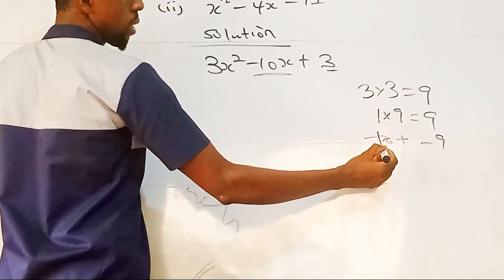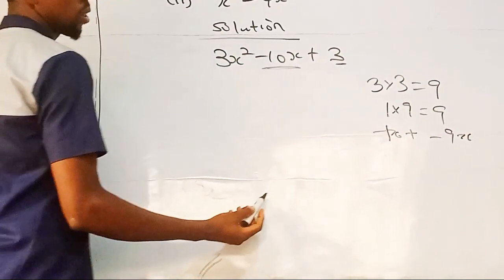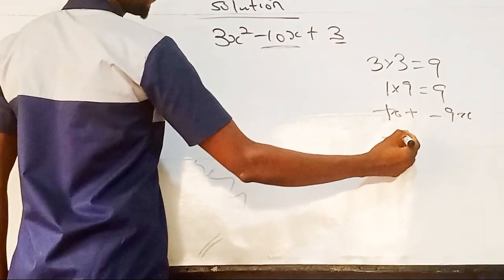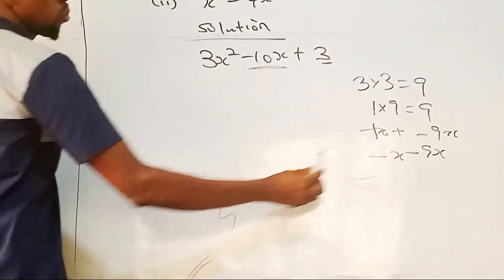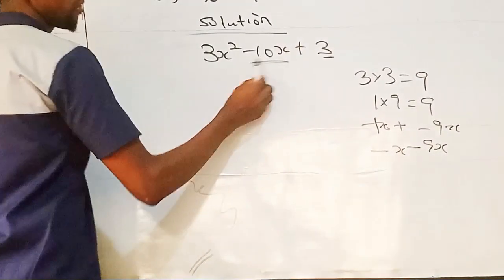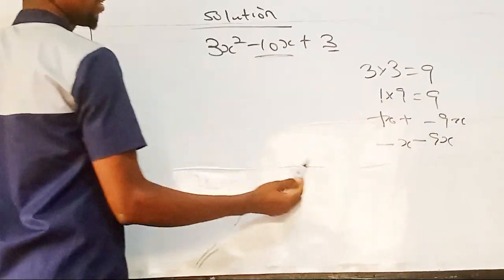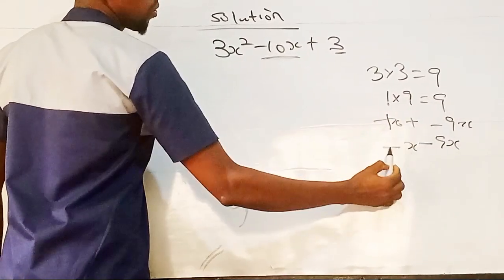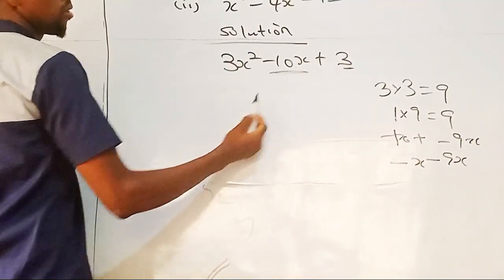Minus x means minus 1x, plus minus 9x, which is the same as saying minus x minus 9x. So this will give me minus 10x. I can also say 1 times 9, which is 9. So when I add up the sum of these factors, I get this.